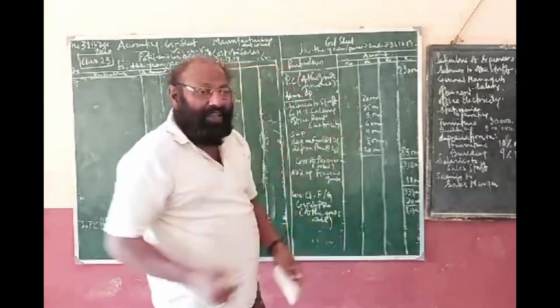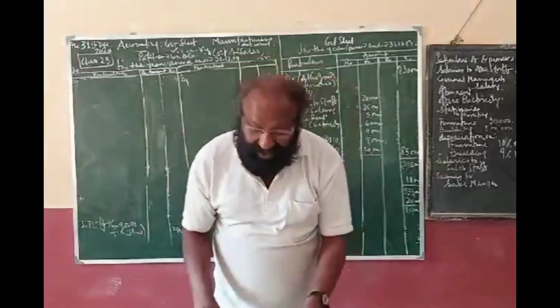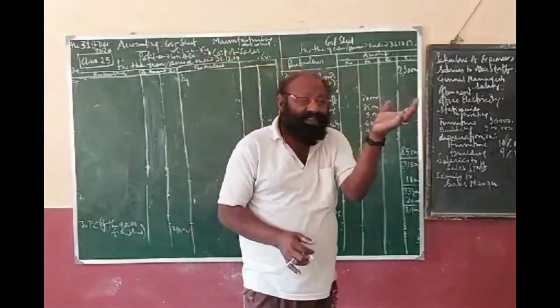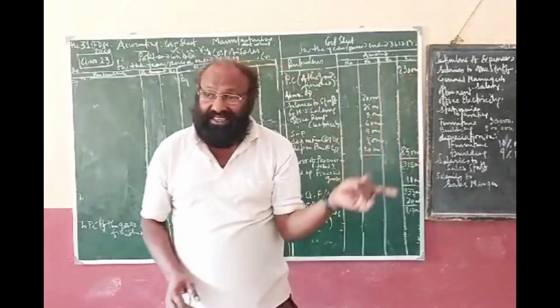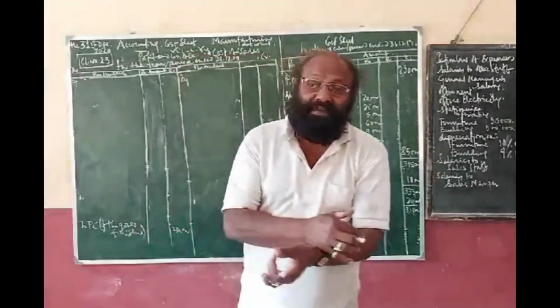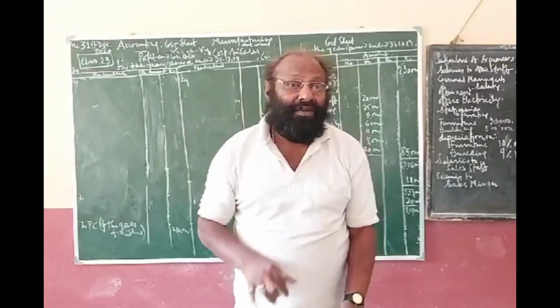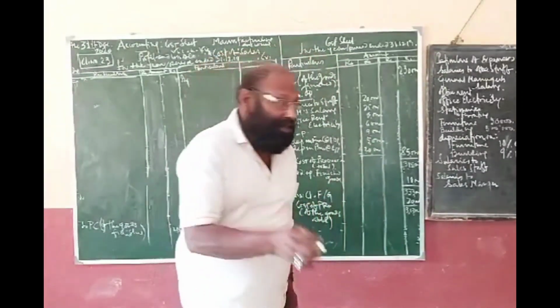And how do we get gross profit? It is the purchase, opening stock, purchase less return, all purchase related expenses, and we have sales and closing stock. The difference is the gross profit.